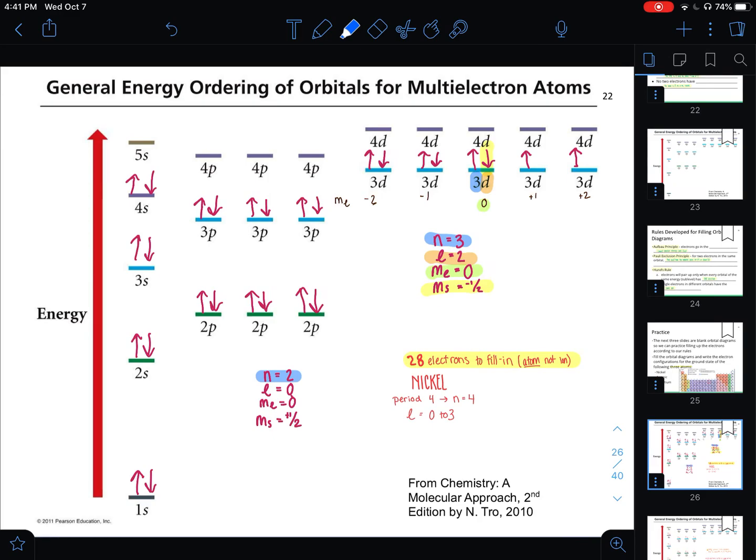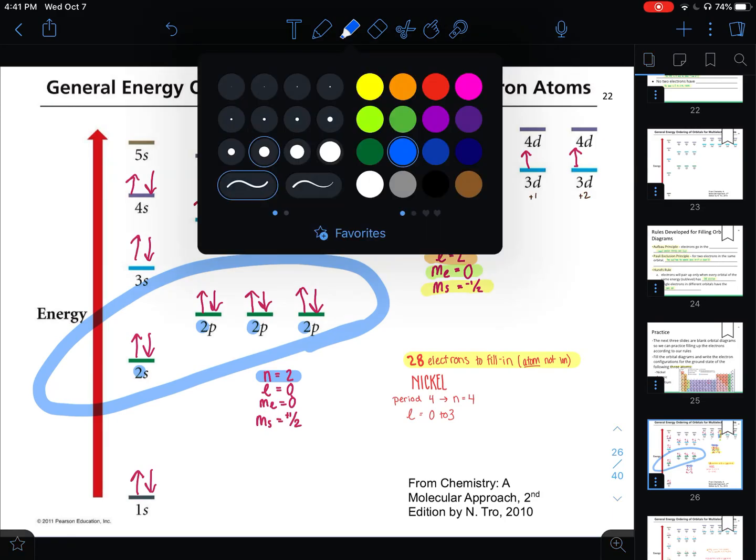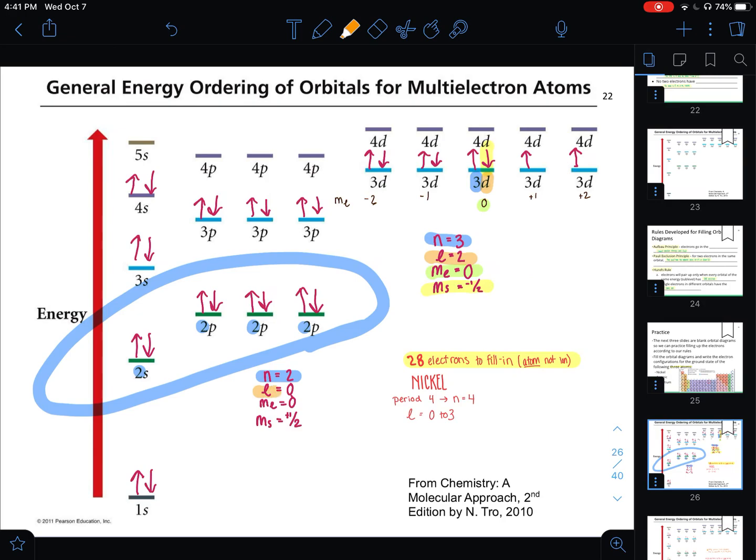So that tells us that our electron is somewhere in the second energy level. So it could be any one of these. And to identify specifically which sublevel it's in, we have to look at L.